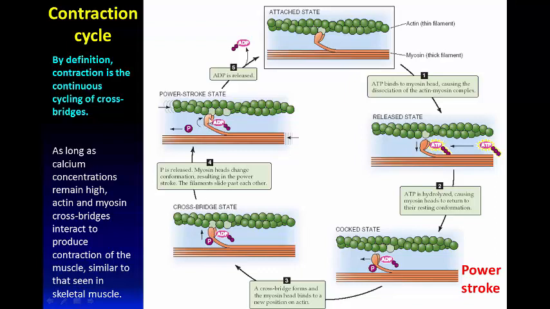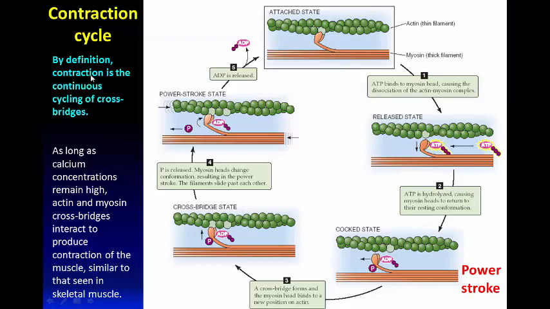Now this is the conformation when the inorganic phosphate is released. When the myosin heads change their conformation, this results in the power stroke, and the filaments slide past each other. Lastly, adenosine diphosphate is released, and the contraction cycle and the power stroke cycle is repeated again.